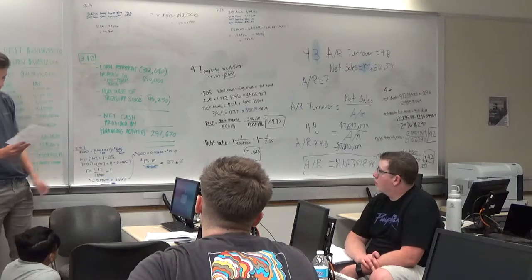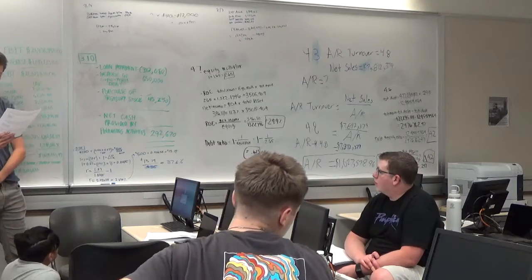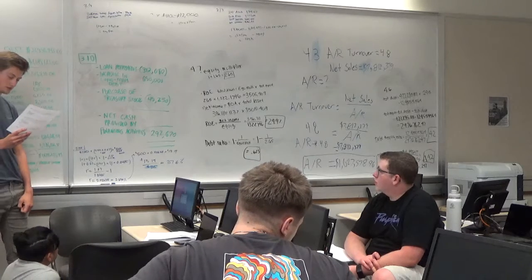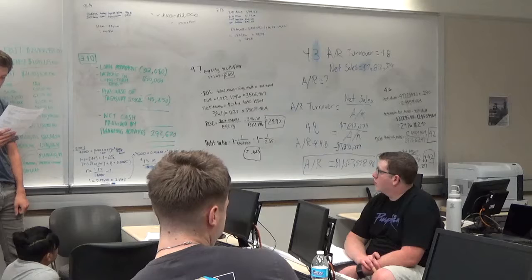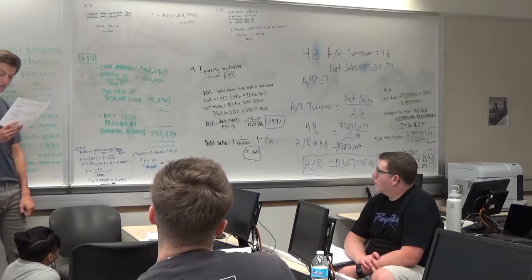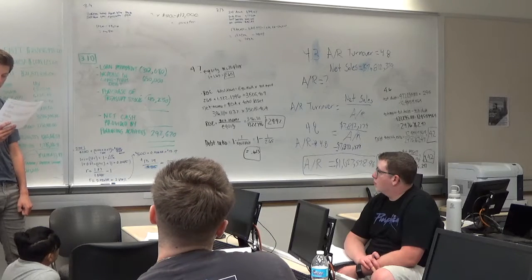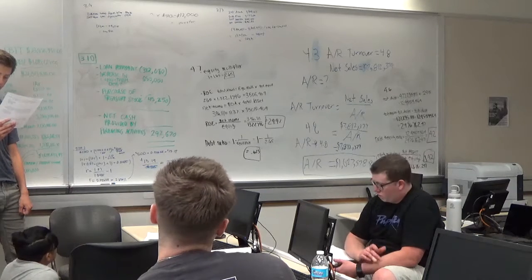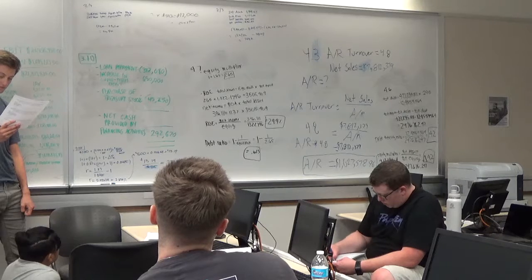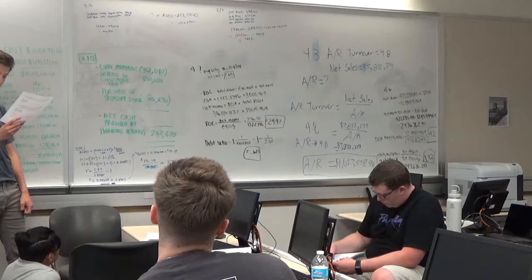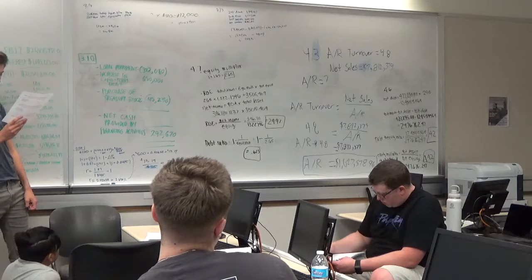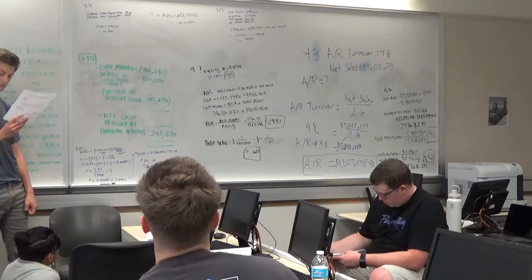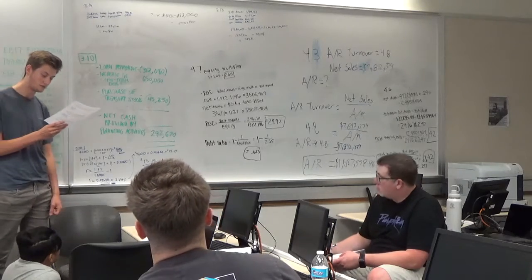Then for 3.14, the Delta Ridge Construction had long-term assets before depreciation of $990,560 on December 31st, 2016, and $1,211,105 on December 31st, 2017. How much cash flow was invested in long-term assets for Delta Ridge during 2017? So all you gotta do is the 2017 long-term assets before depreciation subtracted by the 2016 long-term assets before depreciation, you get 220,545.